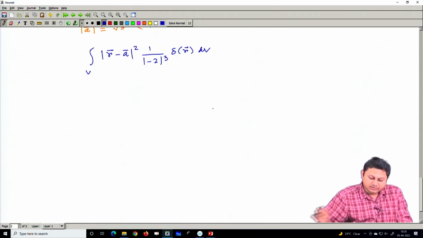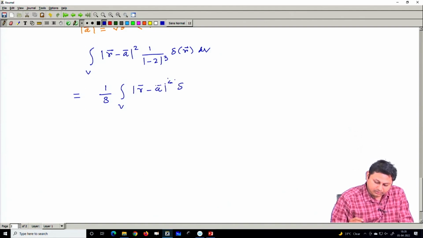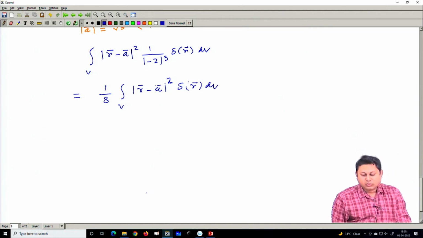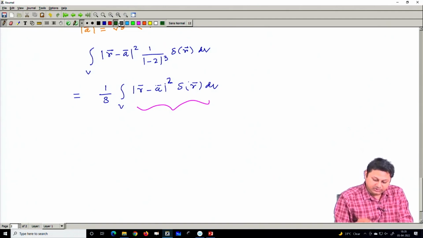Okay. So, now life is simple. I can take this 1 by 8 outside, and the rest of the integration is straightforward: the integration of r minus a, squared, and delta r dv. That is the standard integration, delta function with a function. So, I just replace r equal to 0, and whatever we get, that is the result.